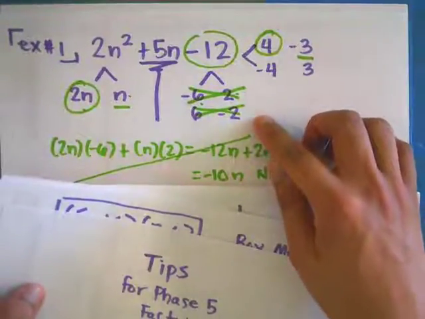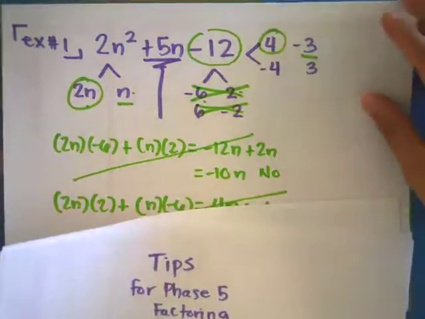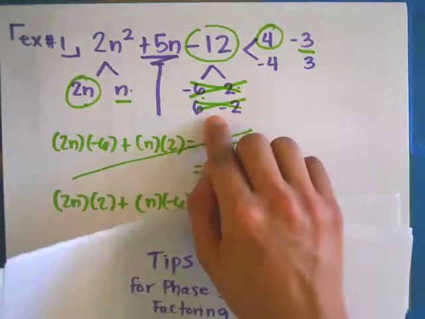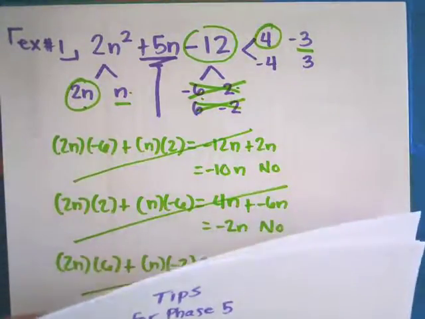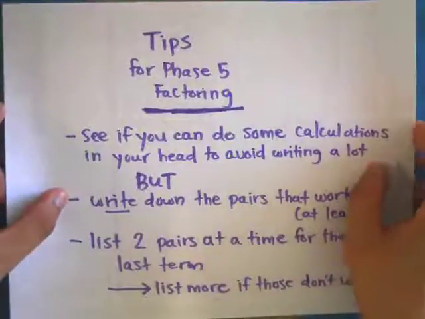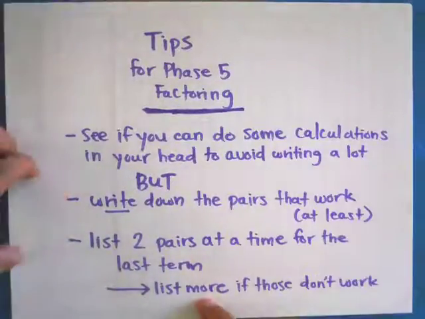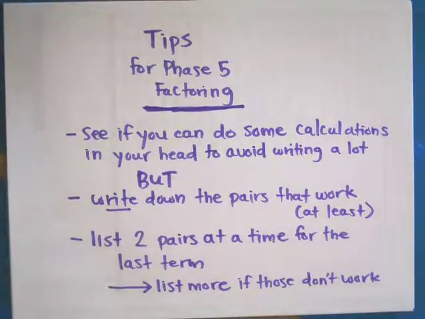Since those 2 didn't work, you try the next pair, because you don't want to be listing every single thing when maybe the second pair worked. If the second pair worked, then you stop listing. So list the pairs 2 at a time for the last term, and then list more if those don't work. Those are my tips, so that you don't spend 2 hours on these types of problems.